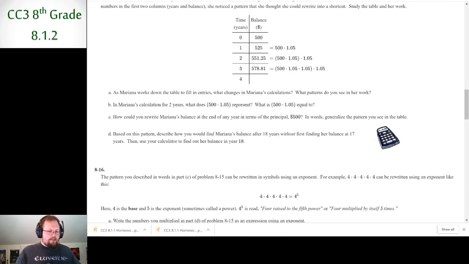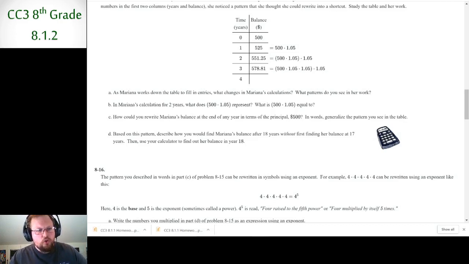Now, the other thing to talk about is that each time they are multiplying by 1.05, what that looks like is that it's becoming more and more copies of 1.05. So you don't necessarily want to write out each of these 1.05s every time you do this.